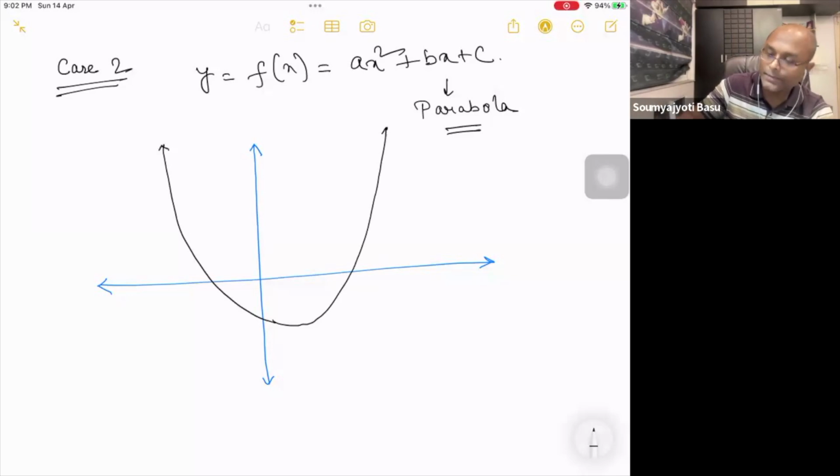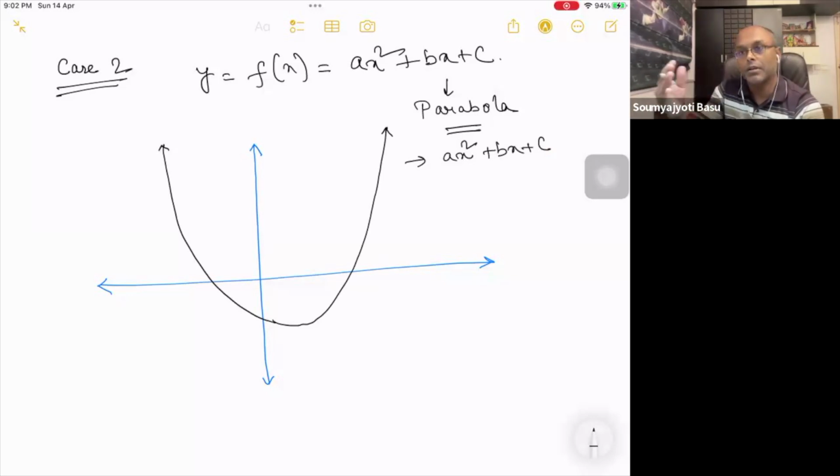This is the parabola, and this curve is a representation of this quadratic equation, ax squared plus bx plus c. If you don't know this concept, it is discussed in the classes on how to draw plots of graphs, okay?